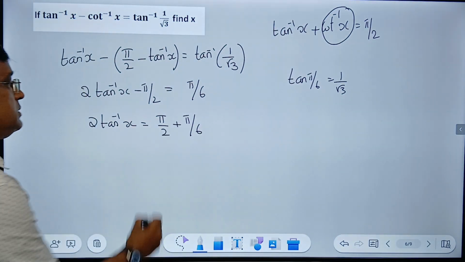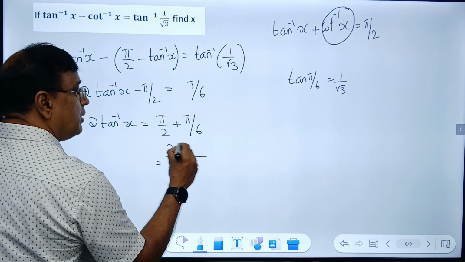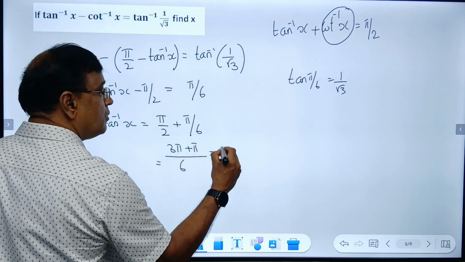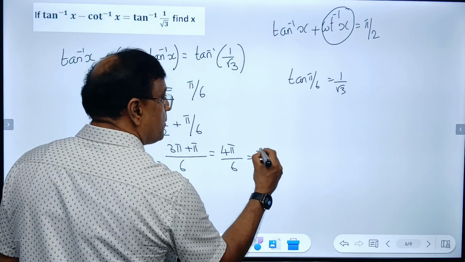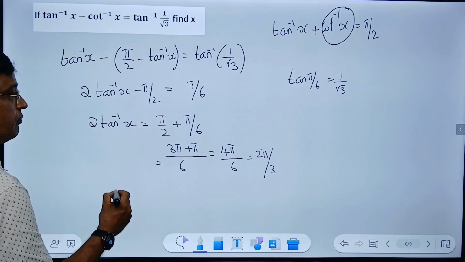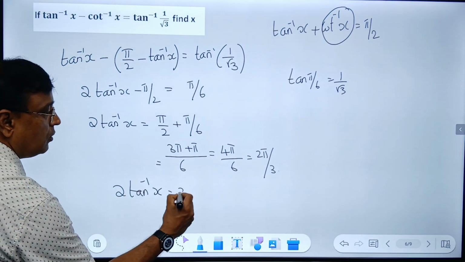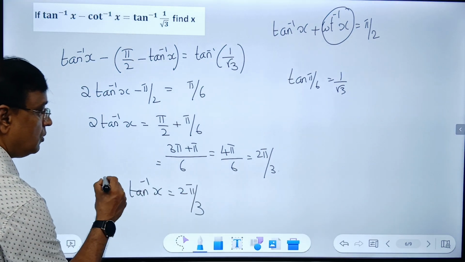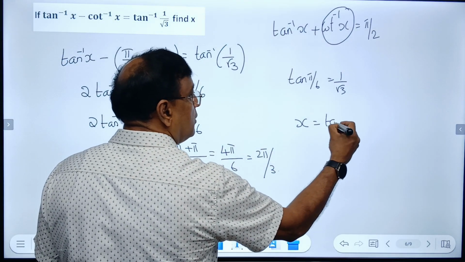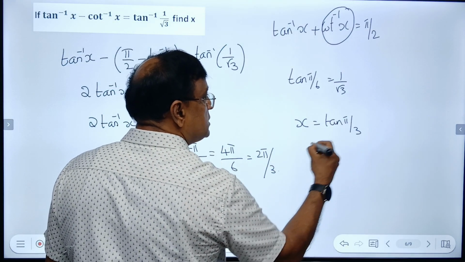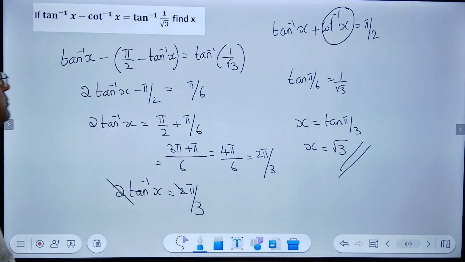Now take LCM. LCM is 6. So I get 3 pi plus pi, which is 4 pi by 6, which is 2 pi by 3. So you have got 2 tan inverse of x equal to 2 pi by 3. 2 gets cancelled. So what is x equal to? Tan pi by 3. What is tan pi by 3? Root 3.